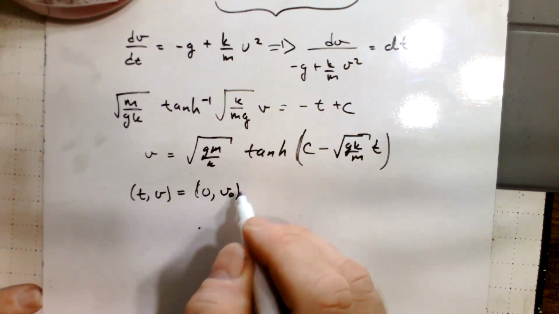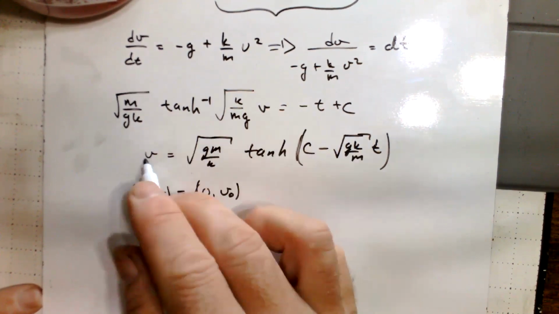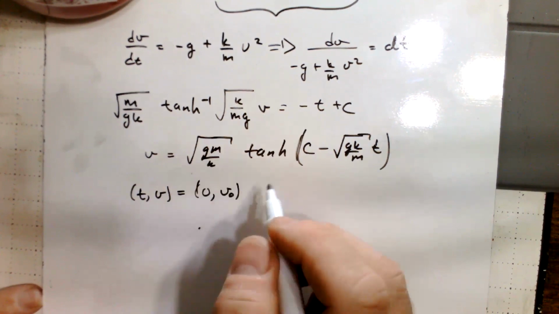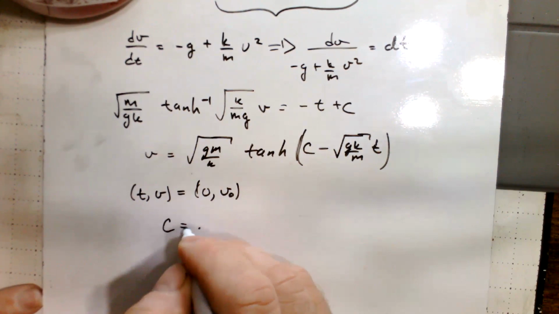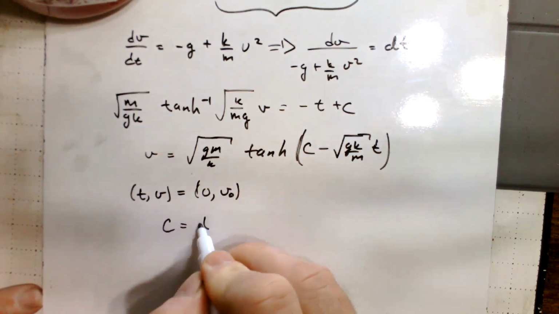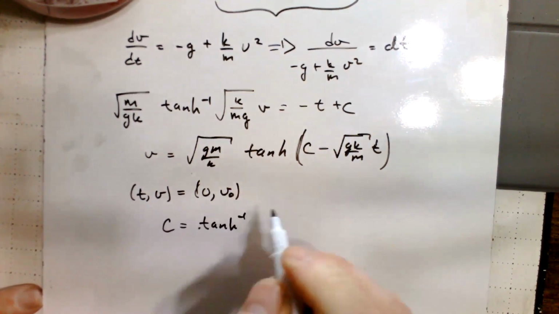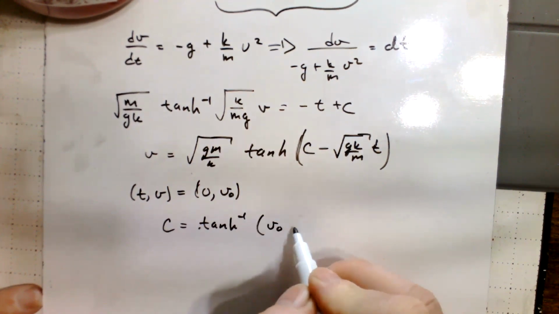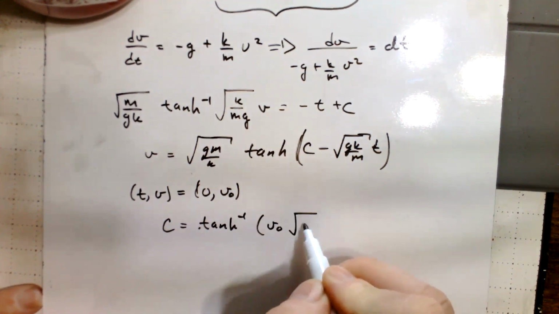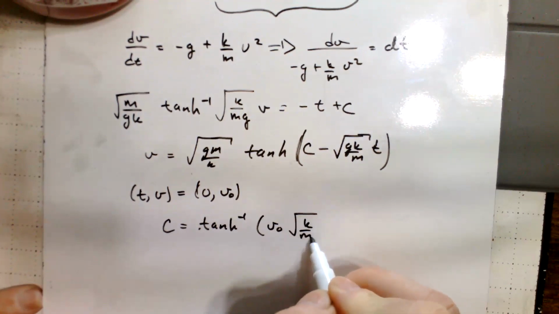Plugging that in, t is 0, this is v naught, and these are our constants. We get that this c is equal to tanh inverse of v naught times the square root of k over m g.